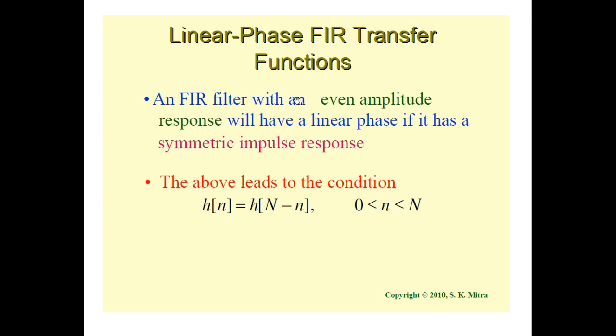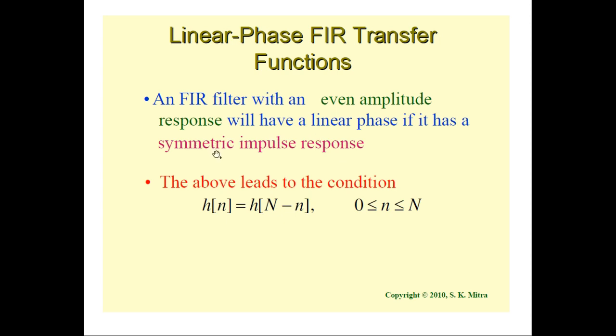In this case, if the FIR filter has an even amplitude response, which is equivalent to saying that it has a symmetric impulse response, where the center of symmetry in the case of a causal filter will be exactly located at small n equal to capital N by 2, whereas in the case of a noncausal system, the center of symmetry will exist exactly at small n equal to 0 in terms of the impulse response of the system.